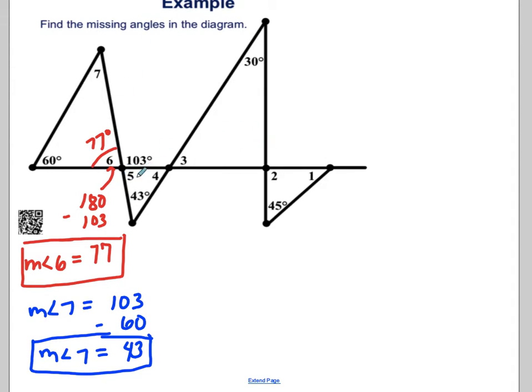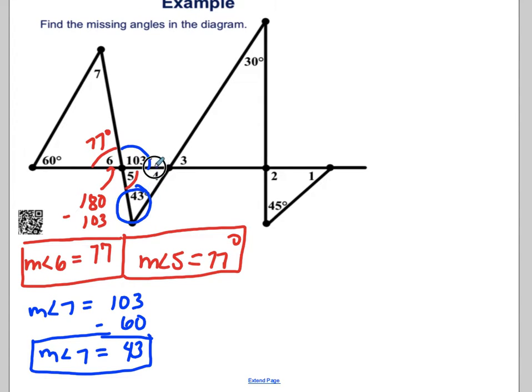Angle 5 is a vertical angle with angle 6, so I don't need to do much. I can just say angle 5 is equal to 77 degrees as well. Now angle 4, angle 5 and 43 degrees make up a triangle, or you can use the exterior angle theorem here again.